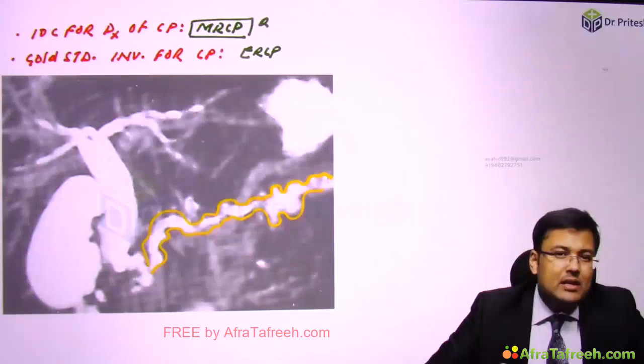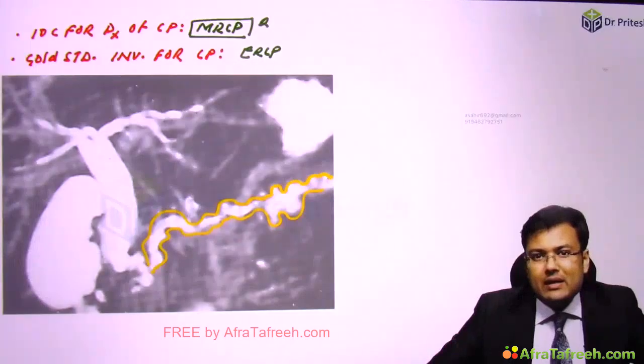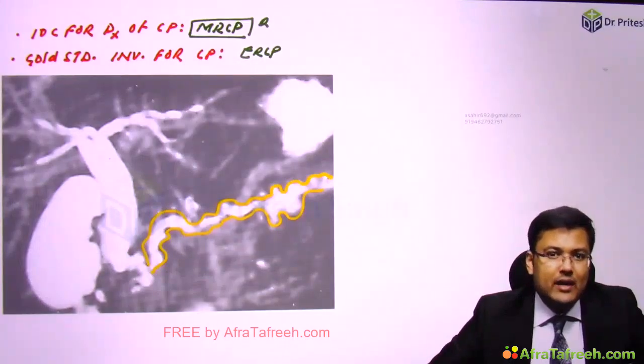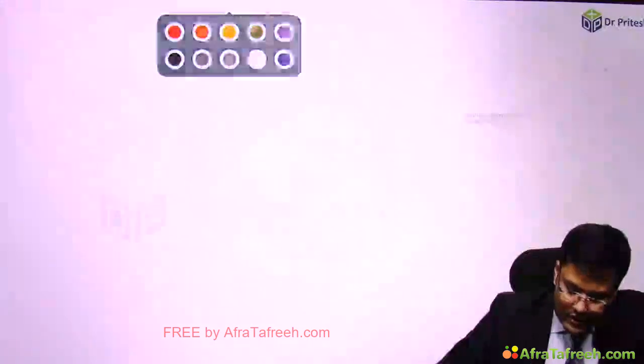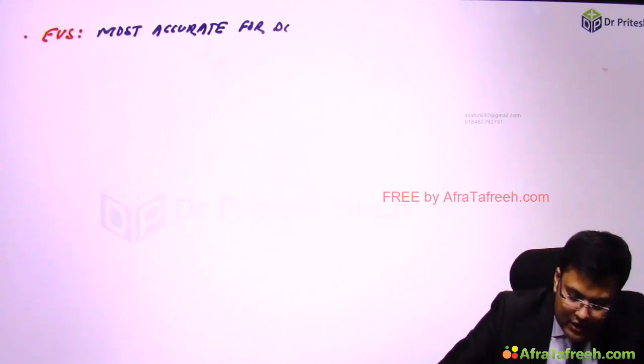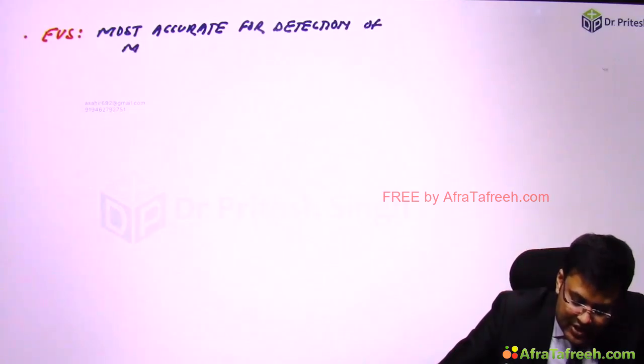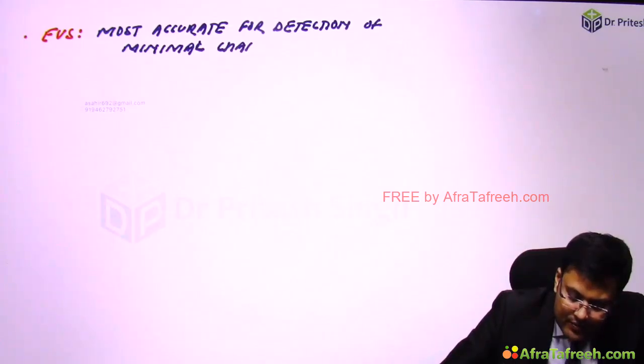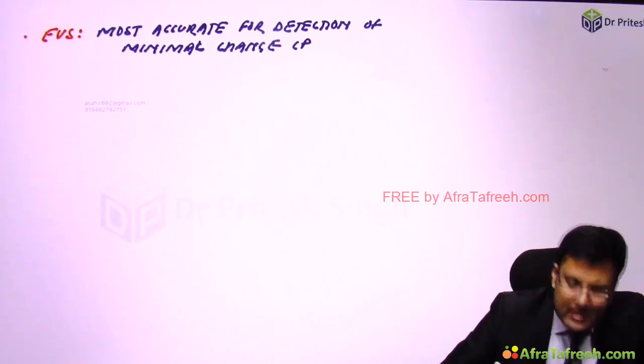Third, minimal change chronic pancreatitis or early changes in chronic pancreatitis are best diagnosed by endoscopic ultrasound. So very important point, endoscopic ultrasound is the most accurate for detection of minimal change chronic pancreatitis.